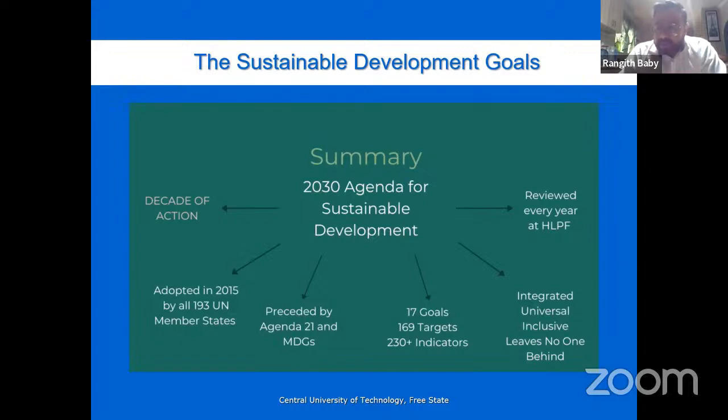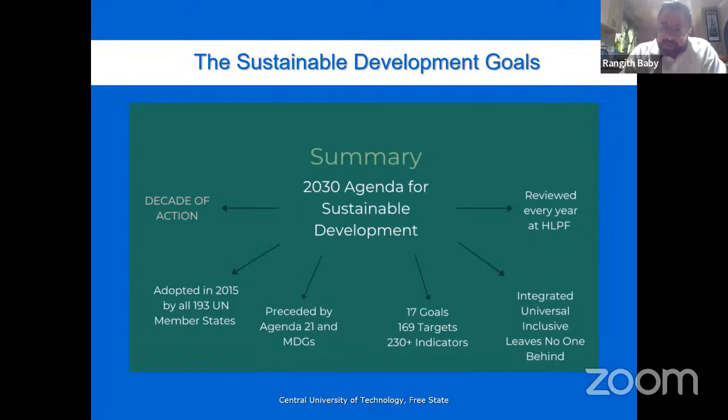The idea was to ensure that there is sustainability going forward, peace and tranquility among the people. And as part of this, they set out 21 agendas called the Millennium Development Goals. They subsplit that into 17 goals, 169 targets, and 230 indicators.